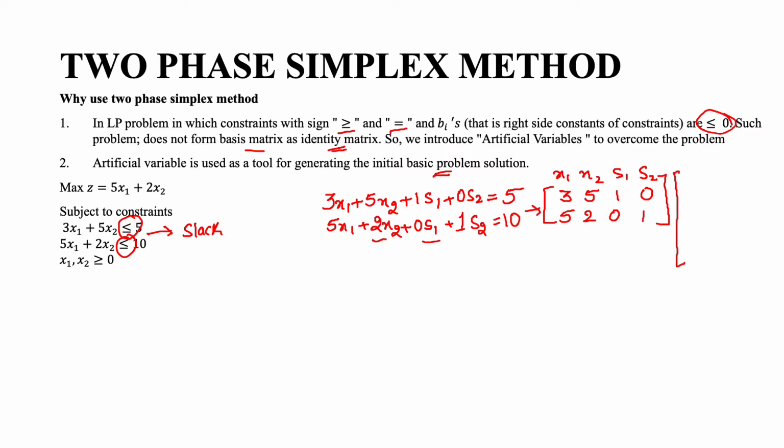Then my variables x1, x2, s1, s2, which will be equal to 5 and 10. So this is in matrix form. So if you see, my basic matrix is an identity matrix.